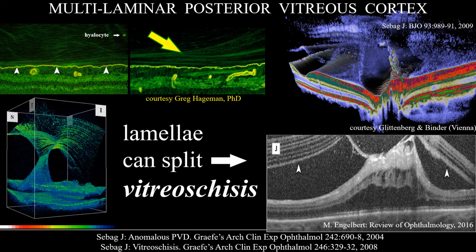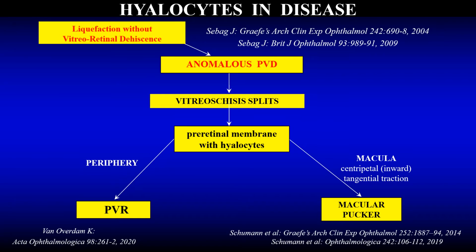OCT on occasion can identify lamellae in the posterior vitreous cortex of humans, and it's important to appreciate that during anomalous posterior vitreous detachment, when the vitreous body separates away from the retina, there can be incomplete separation with splitting in between the lamellae of the posterior vitreous cortex, a phenomenon known as vitreoschisis. So when there is liquefaction without dehiscence at the vitreo-retinal interface, the splitting can result in vitreoschisis.